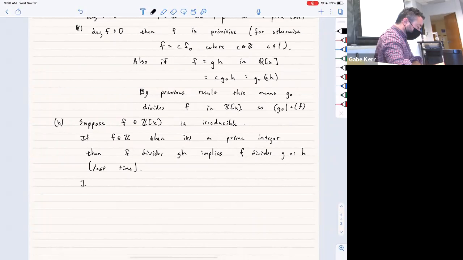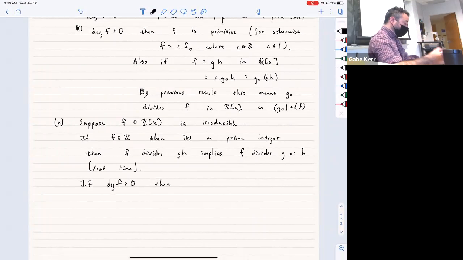Now, if the degree of f is greater than 0, so it's not an integer, then we have that it's primitive and irreducible in Q[x].